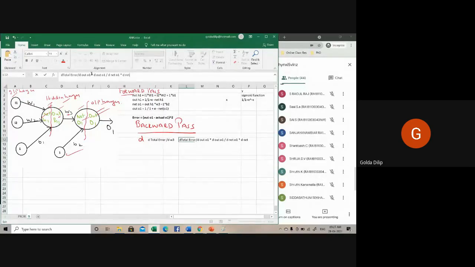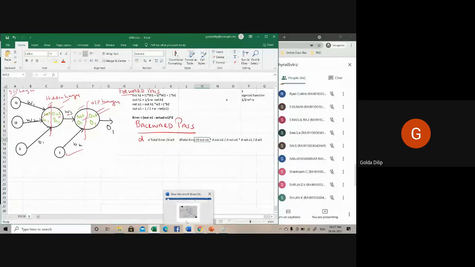What comes to the denominator goes to the numerator. That's what your rule is all about. So this out O1 goes to the numerator. Anyway, that is your chain rule.